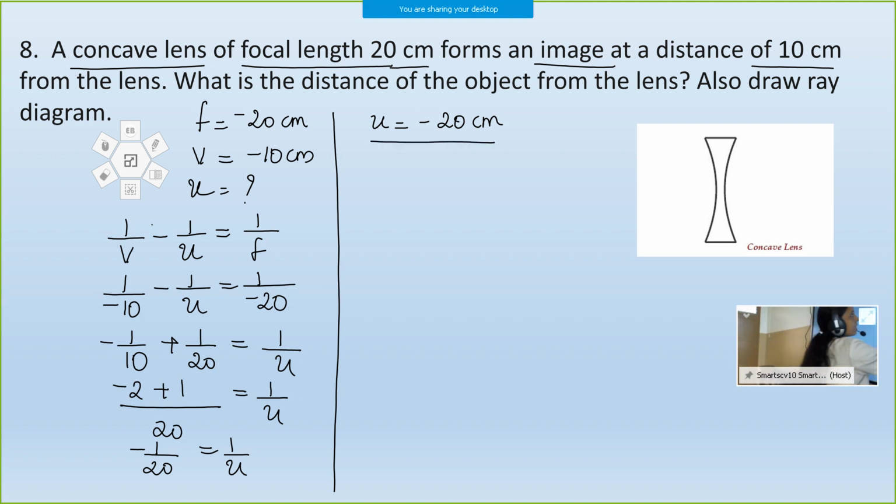Now how will you draw the ray diagram? O is the optical center. Now we have F on both sides, and here the focal length is given as 20 centimeter and the object is kept at a distance of 20 centimeter. So first ray, second ray.